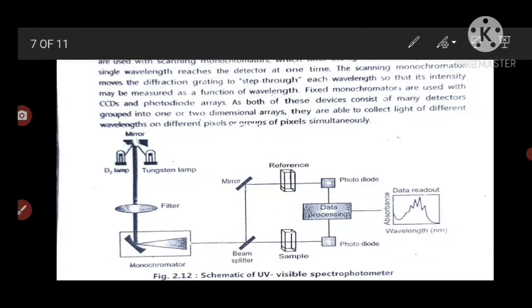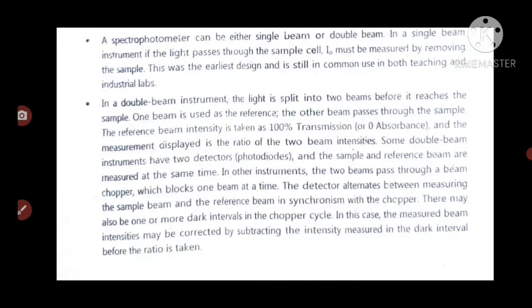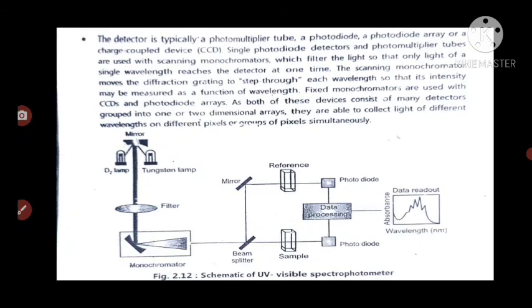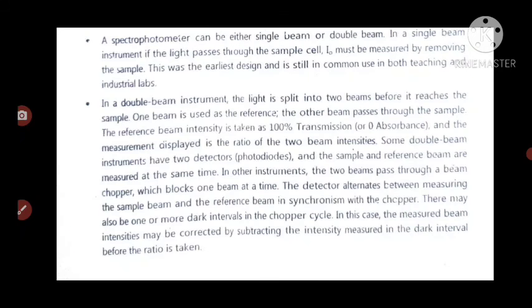This is the schematic of the UV visible spectrometer, which is used for recording whatever observation or result we have. This spectrometer is considered as either single beam or double beam. In a single beam instrument, the light which passes through the sample, that is I naught, must be measured by removing the sample.